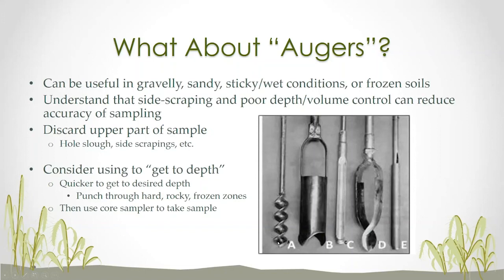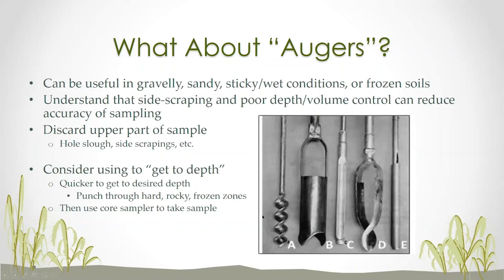Because of the side scraping that happens, if you do use these, you want to make sure that you're careful to discard the very upper part of the samples, because typically that is full of a little bit of hole slough that comes down into the bucket, or side scrapings that really aren't from that particular depth of your sampling.